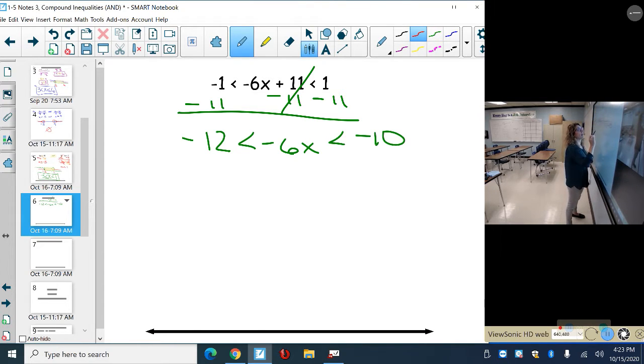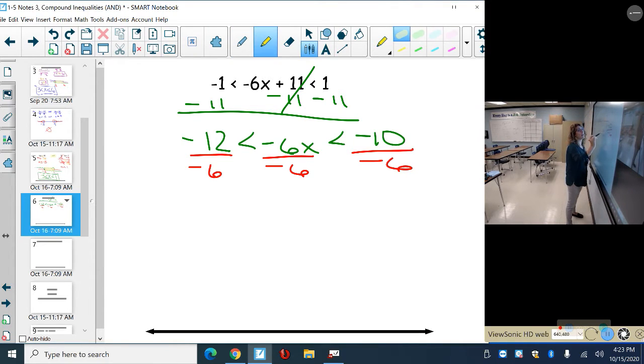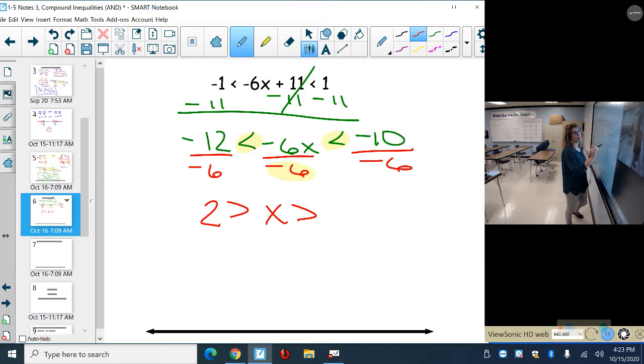So I'm going to divide the left, the middle, and the right by -6. When you divide by a negative, an alarm should be sounding. I have to flip the inequality signs, making that -10 divided by -6 a positive, but they're both divisible by 2. So that's going to give me a 5/3.